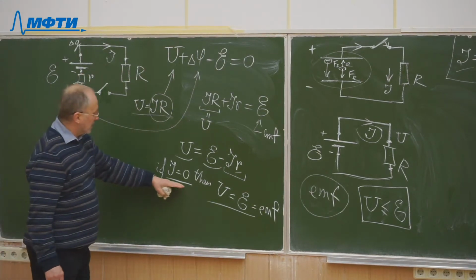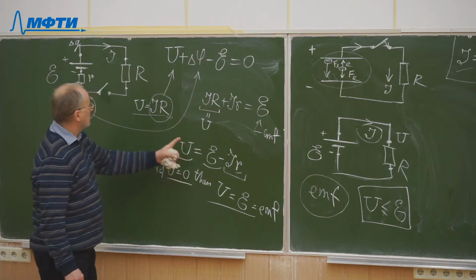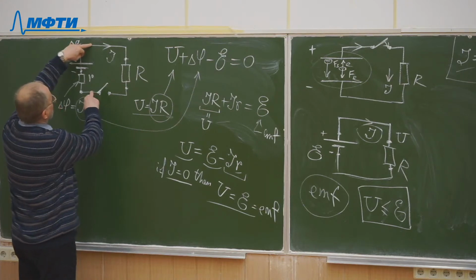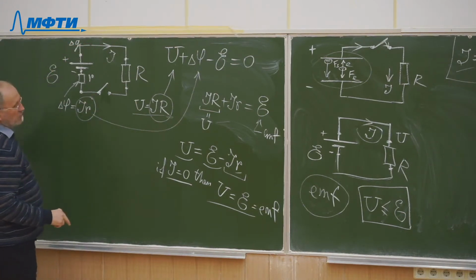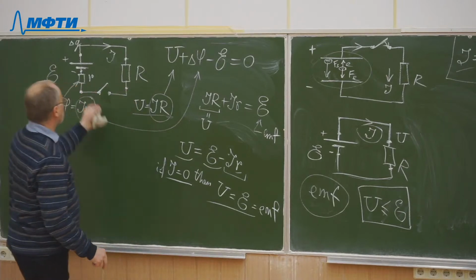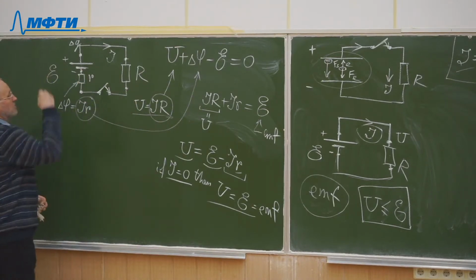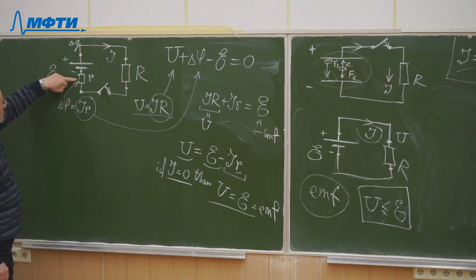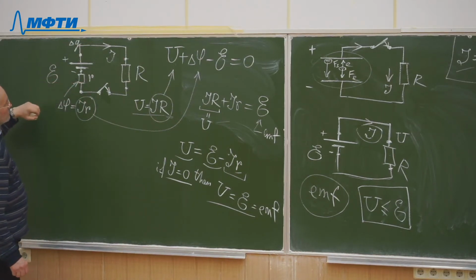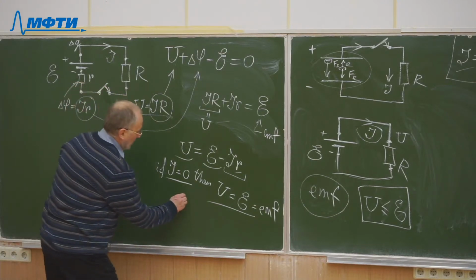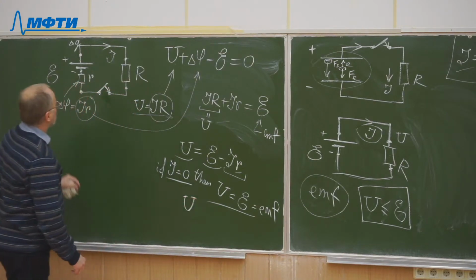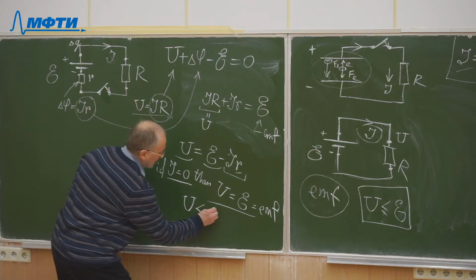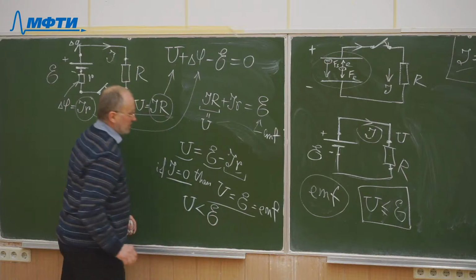And only in this case, when the current is 0, the potential difference here will be equal to the electromotive force of the battery. If we close the key and allow the current to flow, then the flowing current will cause some potential difference to fall on the internal resistance of the battery. And in this case, the voltage on the external terminals of the battery will be smaller than the electromotive force of the battery.